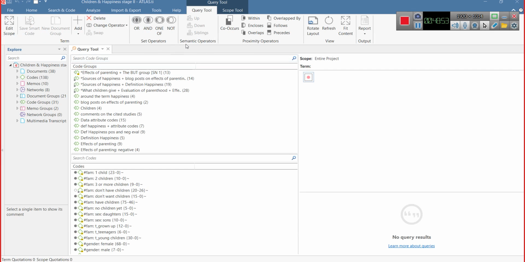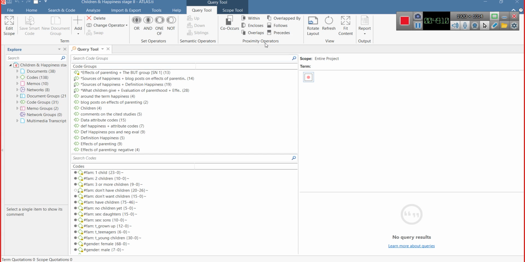The semantic operators provide you with the levels and the ways of the relationships of the codes and quotations in your documents. That is actually your qualitative data.